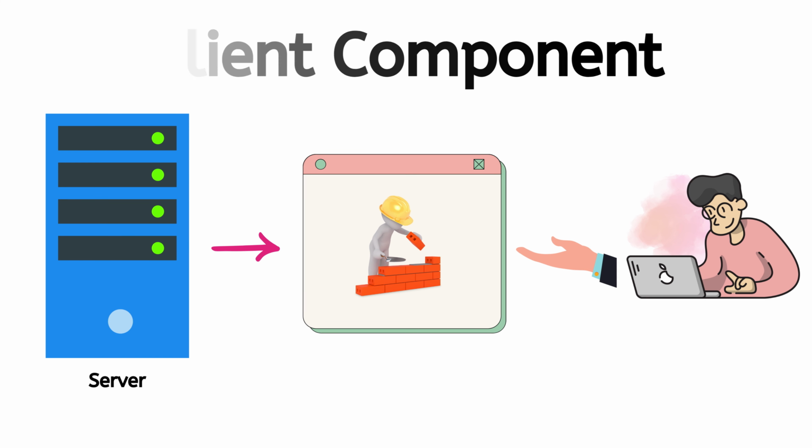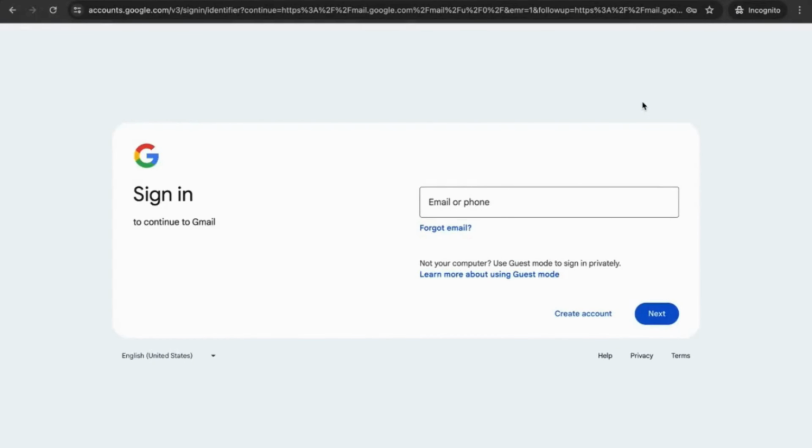Suppose you navigate to the Gmail login page. This particular page that you are seeing on the screen is common for anyone who logs into Gmail and navigates to this page. Every person all over the world who wants to log into Gmail should land on this particular page.